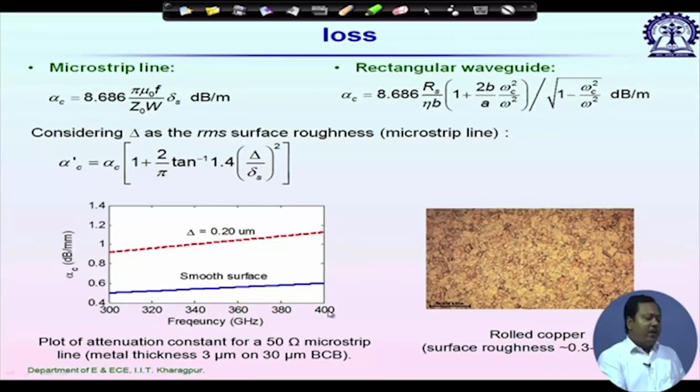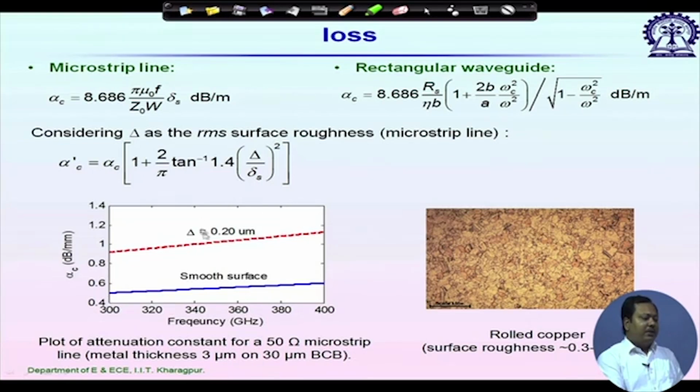So, in practice, we use a thumb rule that the metal thickness should be at least 5 times the skin depth, 5 delta s. It is sufficient to design any printed lines. For this example, we are considering 300 gigahertz to 400 gigahertz, and we consider 3 micrometer thickness of strip and ground plane. So, that is more than enough for this frequency range.